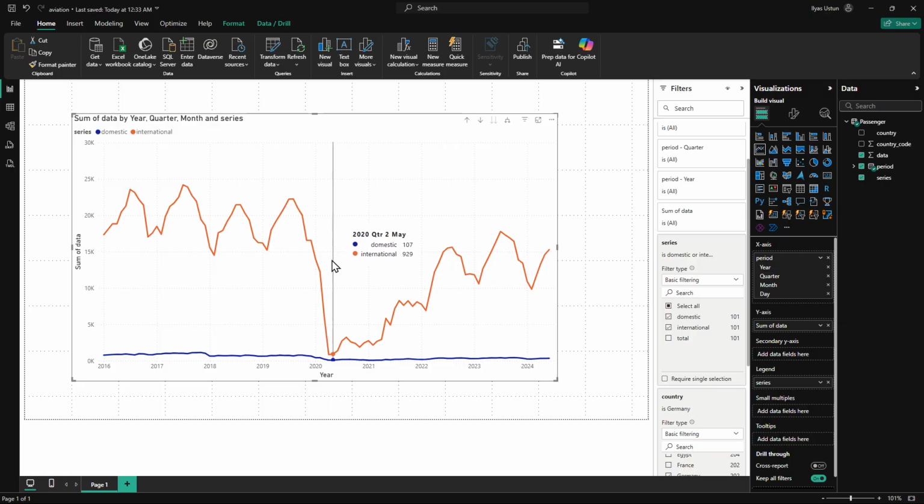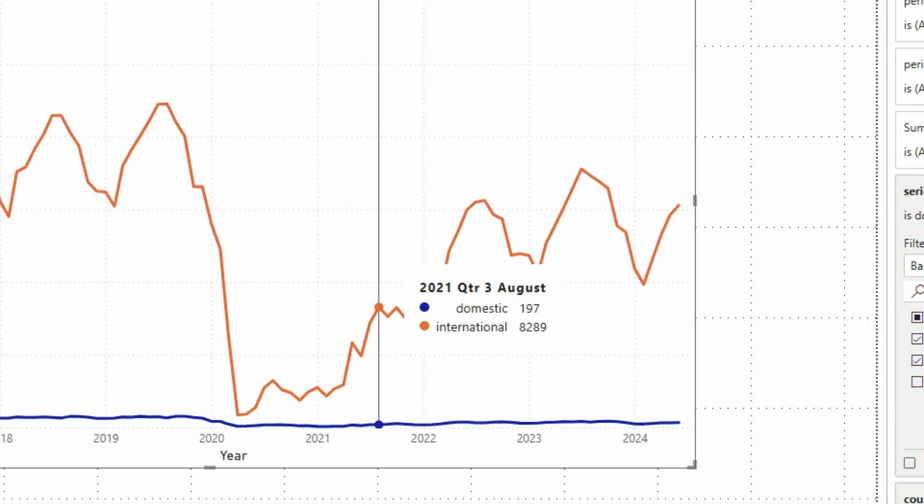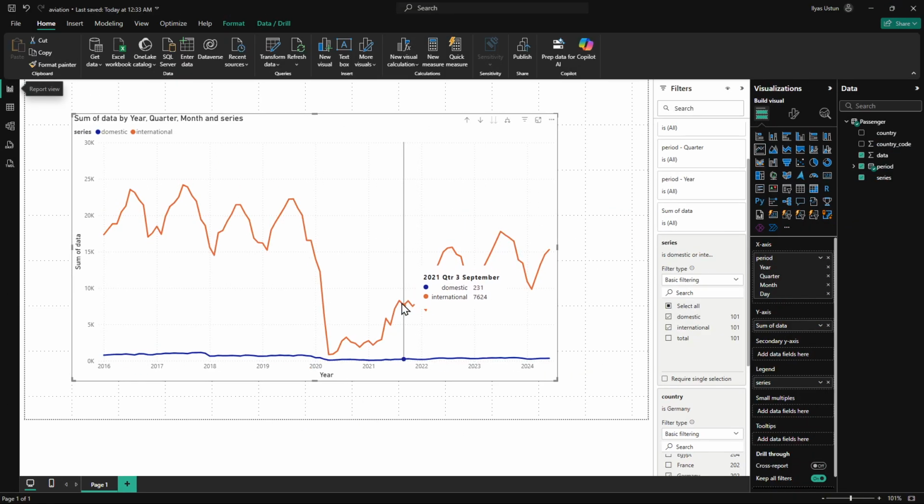If you move your mouse from left to right, you can clearly see that's the month of August there. And then if you go next, we are going to be in September, and then October, November, and so on.